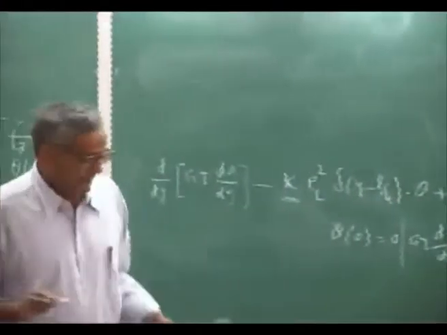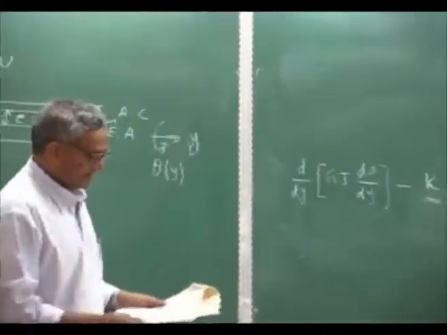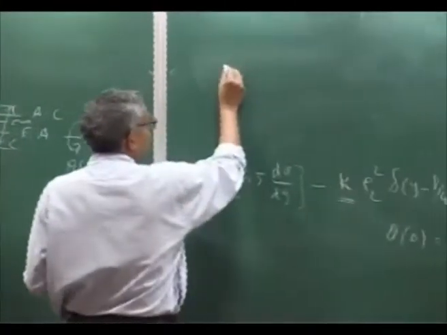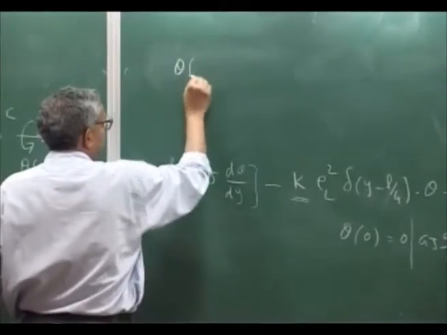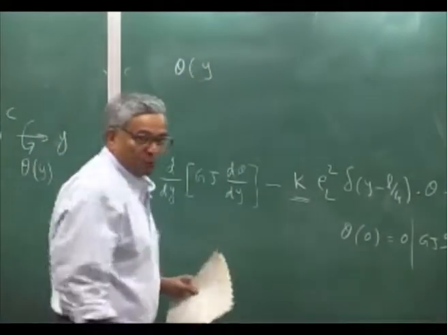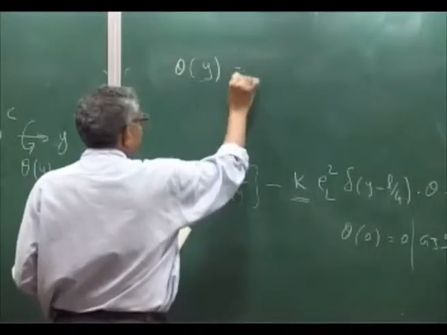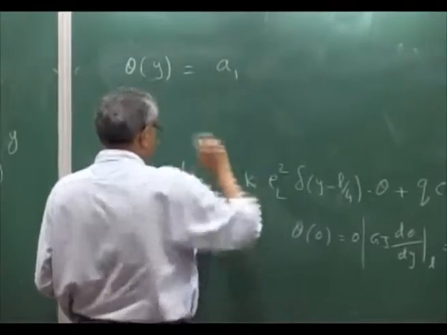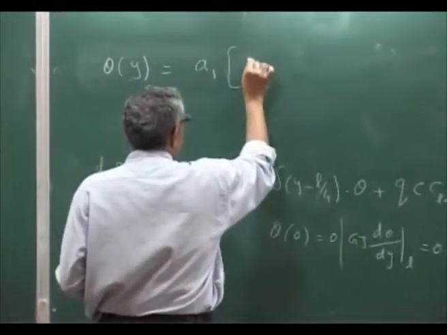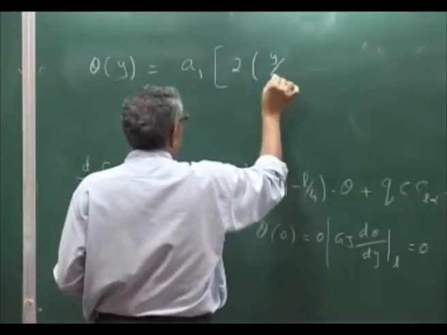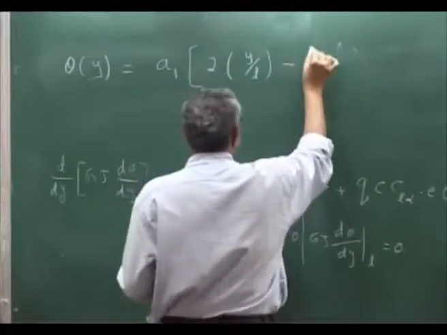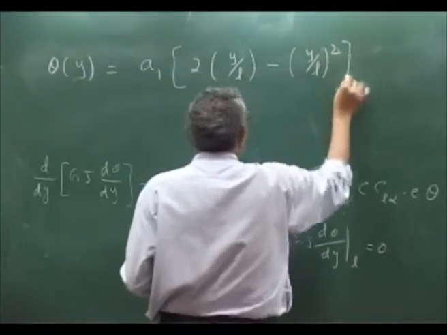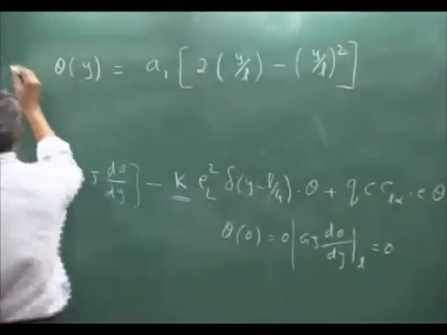I gave a solution: you take theta, which is a function of y, as some constant a1 into 2 y over L minus y over L whole square. This is assumed.